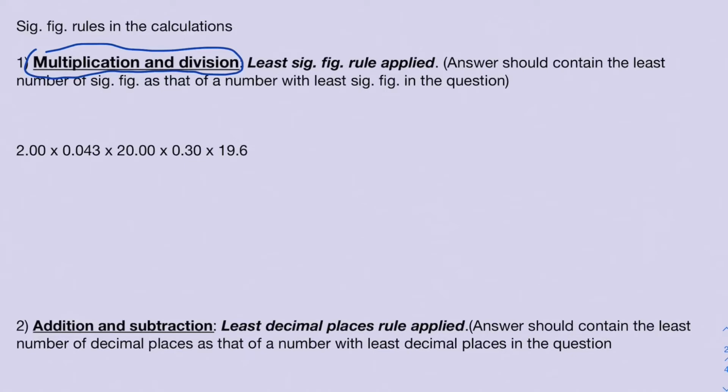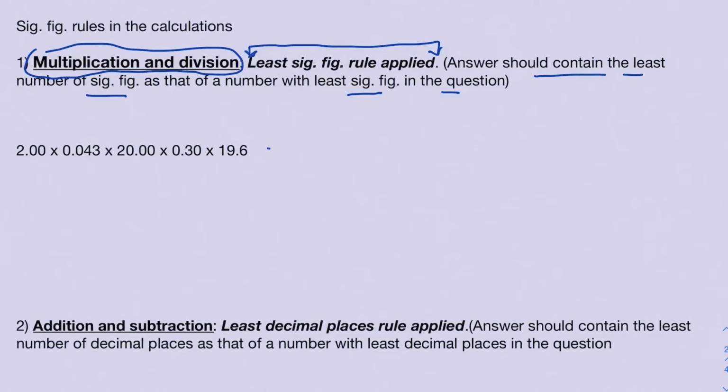Anytime you see that condition, the least sig fig rule applies. What that means is your answer should contain the same number of sig figs as the number with the fewest sig figs in the question. That may sound confusing, but just keep in mind you are looking for the least significant number.